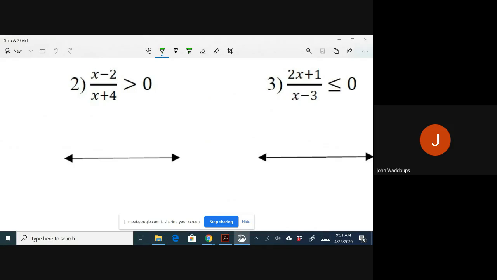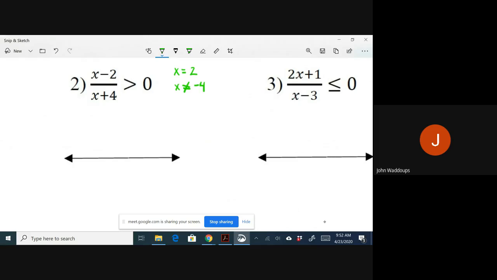We can just look at those and say x cannot equal 2, and x cannot equal -4. Here, 2 minus 2 is 0, and -4 plus 4 would be 0 as well. And that's why I put, again, that it cannot equal -4, because you'd be dividing by 0.